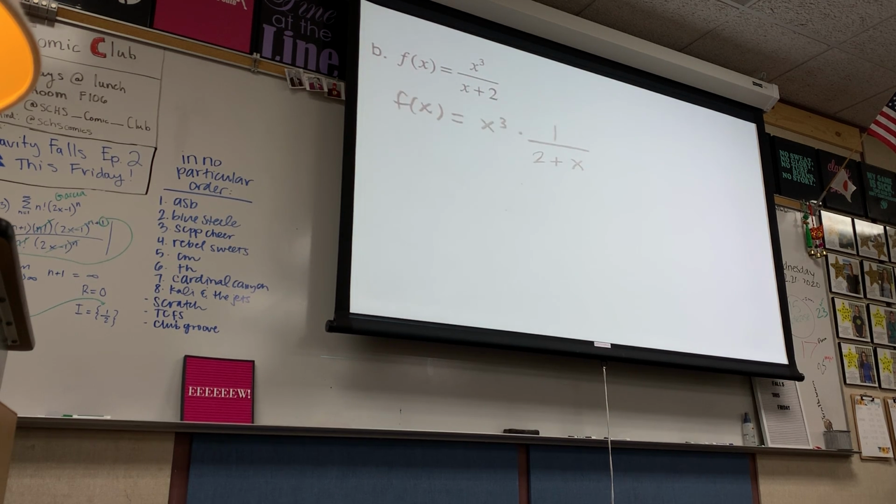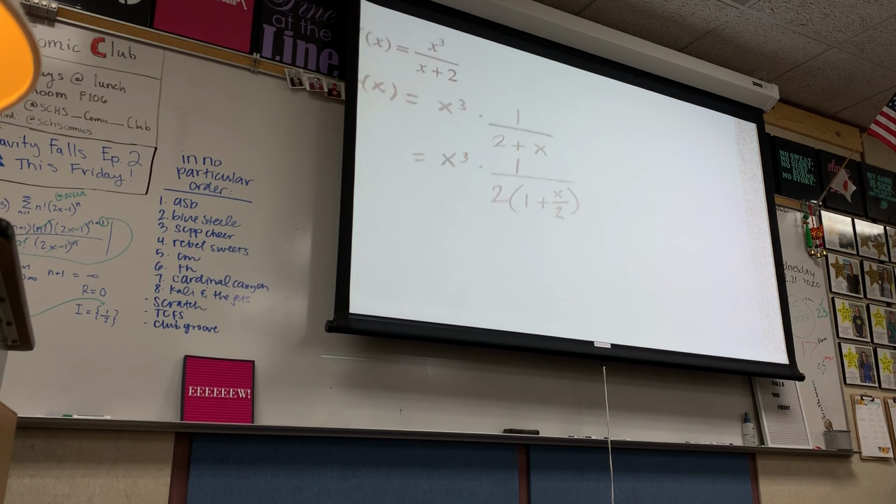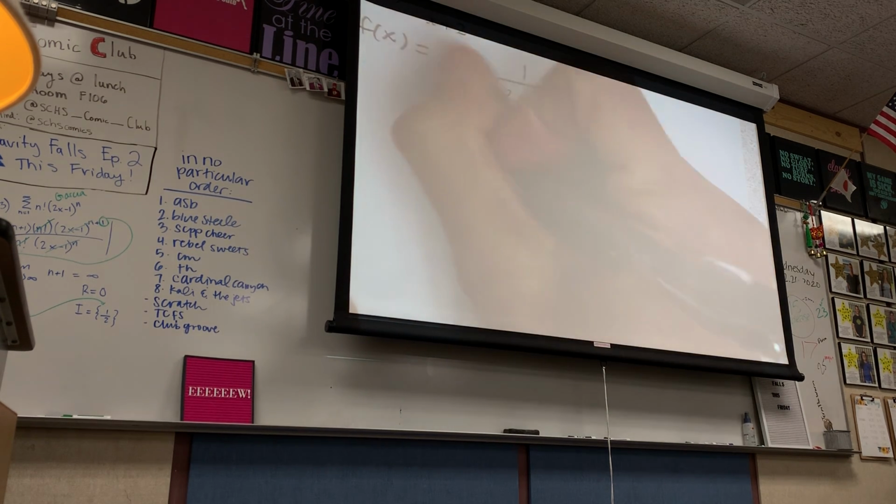The next step you're going to do is factor the 2 out because it has to be 1 minus something. So if you factor a 2 out, it's now going to be a 1. And if you factor a 2 out of x, what algebraic expression is left? Nice. And we're basically there.